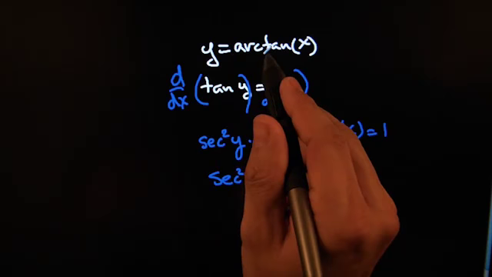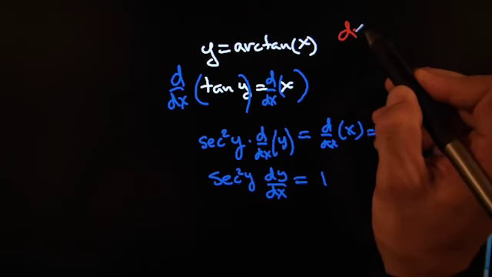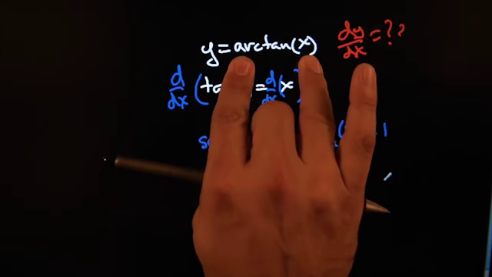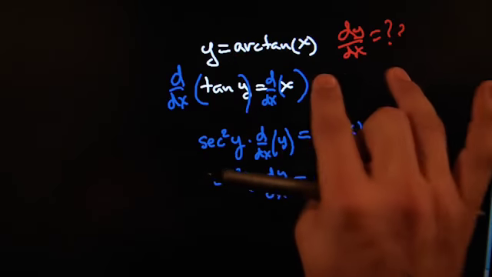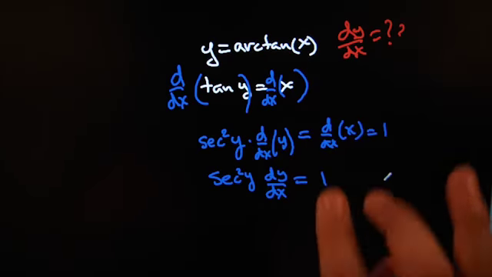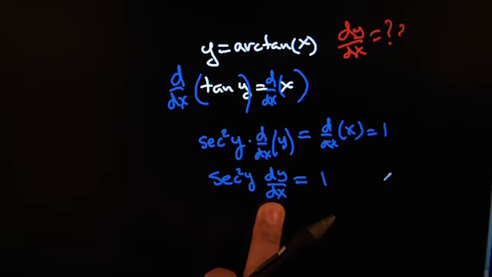When I put y equals arctan x, what I really set out to do at the beginning of the problem is find dy/dx. This is my function, f. When I solve this, I will be done. I'm almost there, because I see that figure right here, dy/dx. All I got to do is solve for it.